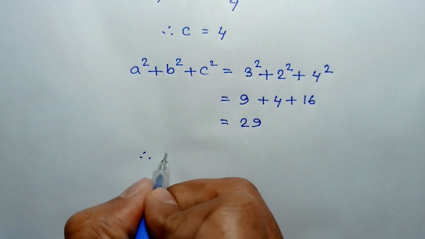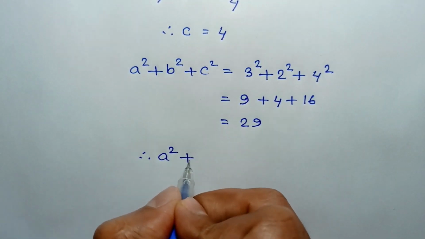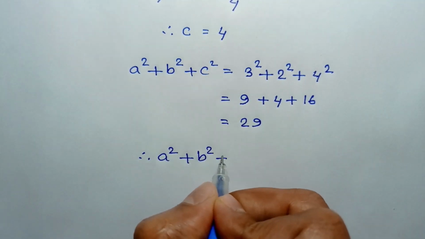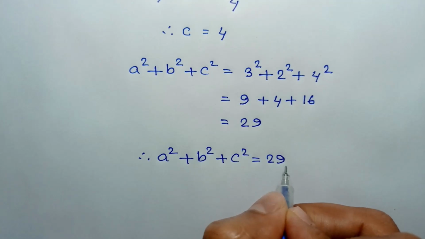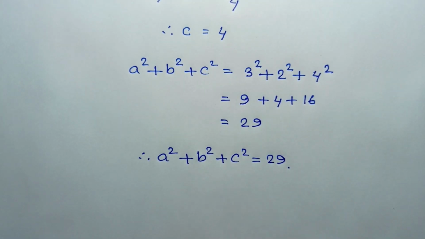So the value of a square plus b square plus c square is equal to 29. This is the solution of this problem.